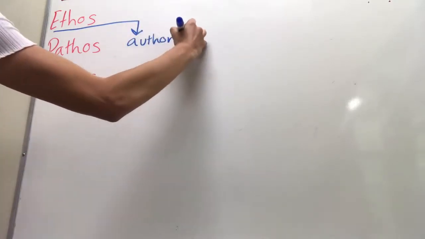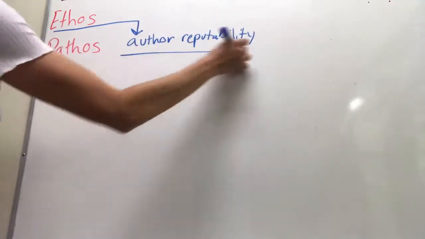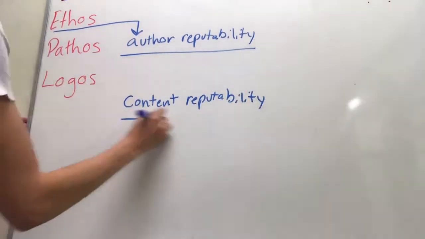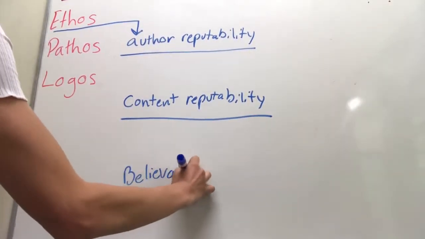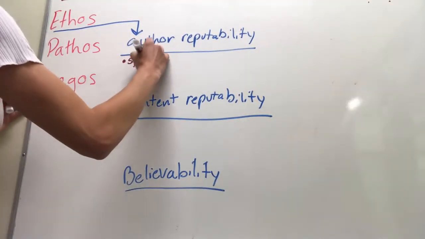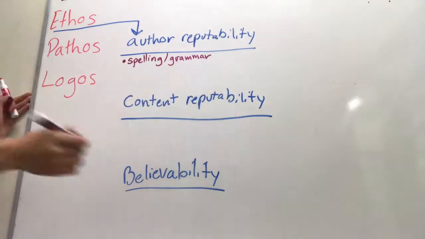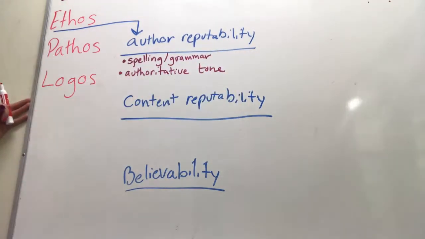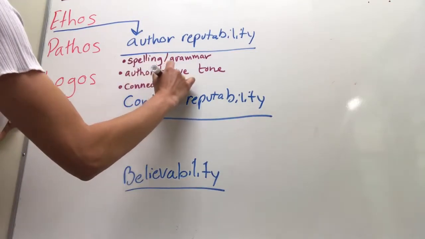Ethos can be broken down into three different categories. The first being the author's reputability, which is you. The second being the content reputability, which is your rhetoric or what you're presenting. And the third is the believability of what you're trying to tell your audience. So to gain author credibility, the first couple ways are easy. Just having correct spelling and grammar in an authoritative tone can really help you.